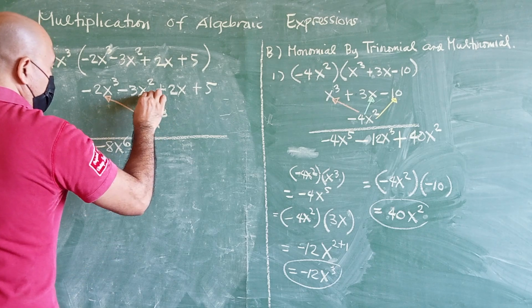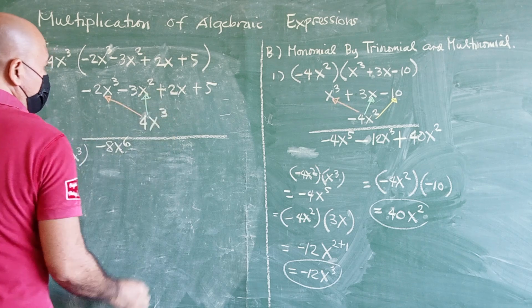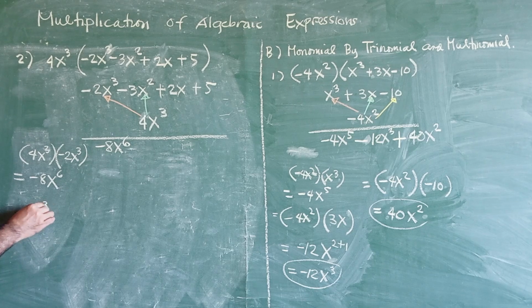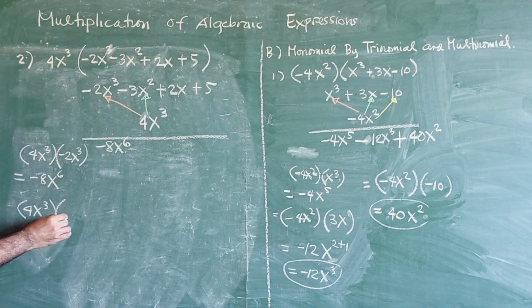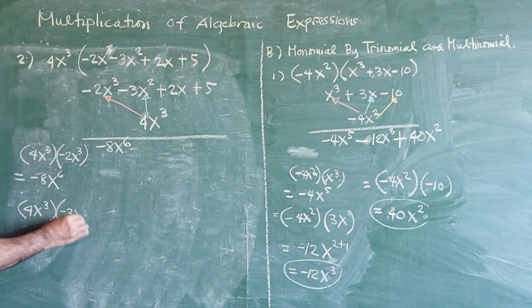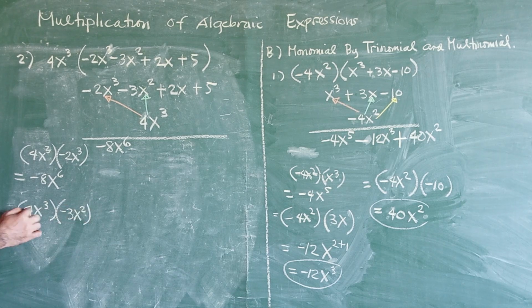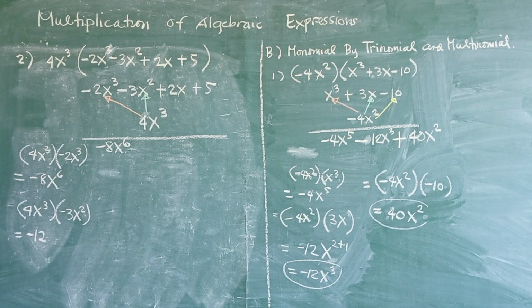And then after that, you proceed to multiplying 4x cubed to the second term, that is negative 3x squared. So this time, this will be 4x cubed times negative 3x squared. So 4 times negative 3 is negative 12.